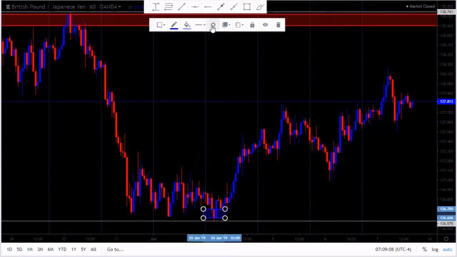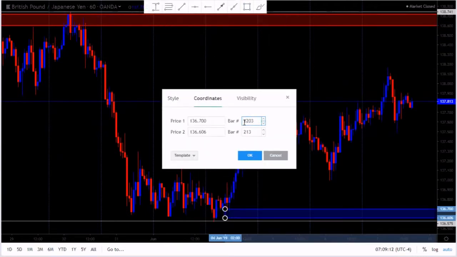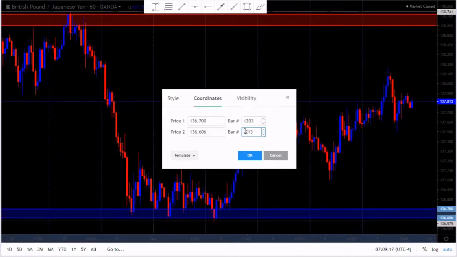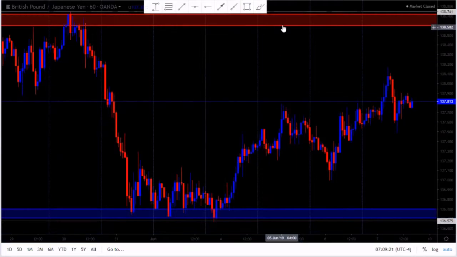Then we go to settings, go to coordinates. We're going to put a 1 there, and we are going to put a negative there. Click OK. So we have marked supply and demand zones for our chart. That's how you mark your supply and demand zone.